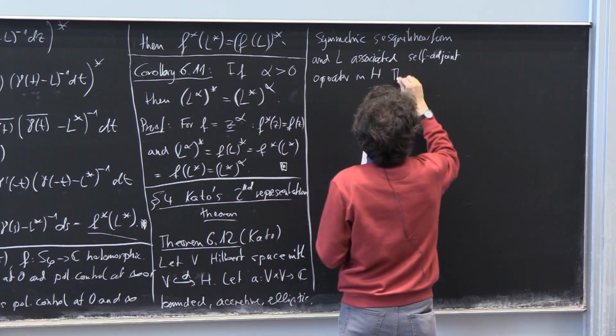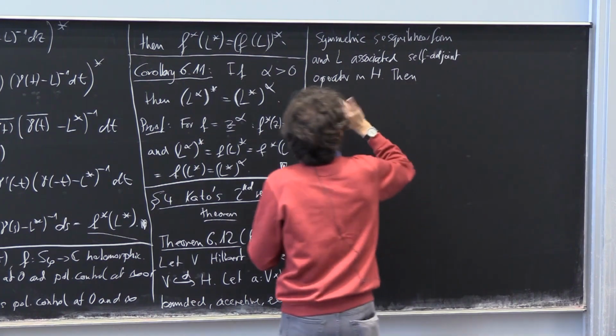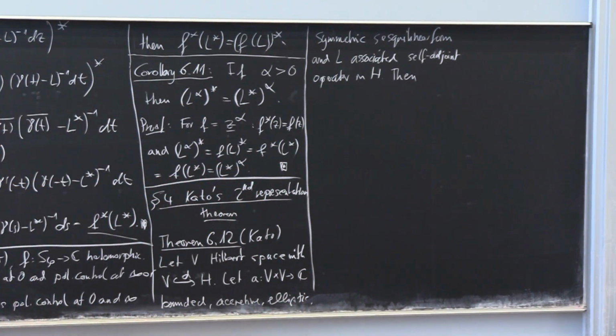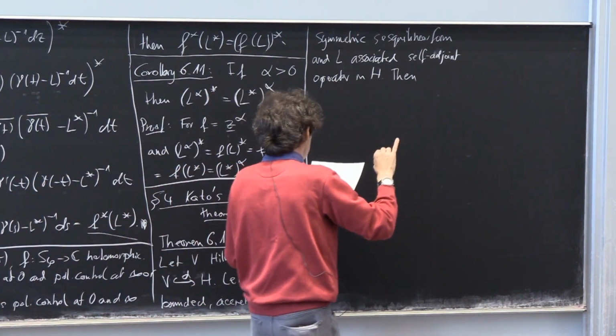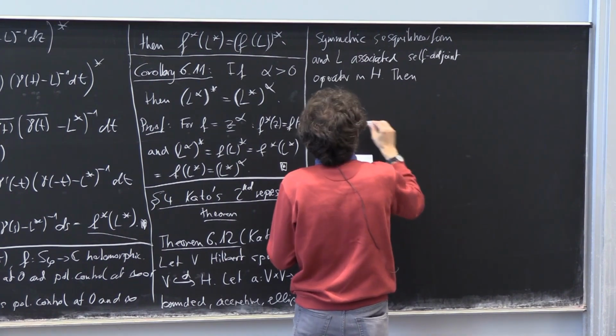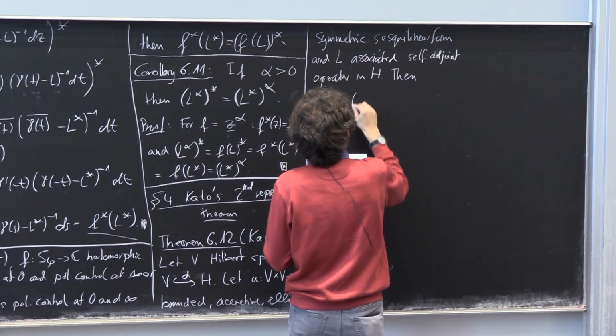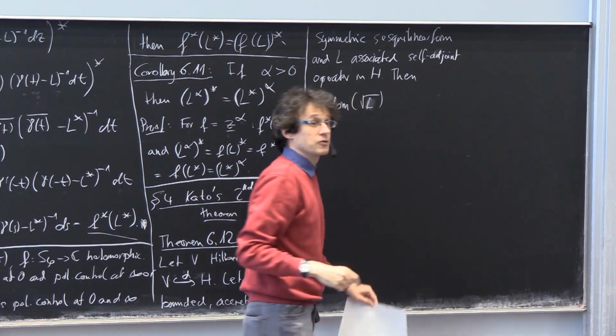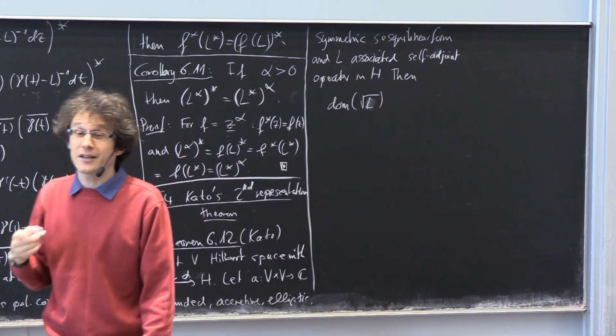And the claim of this theorem is that however this operator looks, if it just comes from a bounded, accretive, elliptic and symmetric sesquilinear form, then I immediately know what the domain of its square root is. By square root of L, I will denote L to the 1/2.